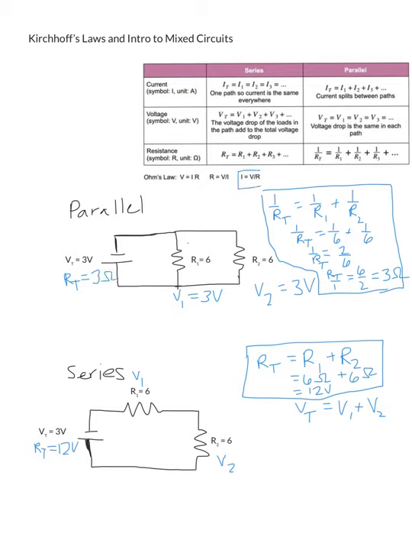So current is equal to V over R. If I want to find the total current, I take V over R, which in this case is 3 over 3. So in that parallel circuit, the current is 1 ampere. And in this circuit, V over R is going to be 3 over 12, which will be 0.25 if you do that on your calculator.